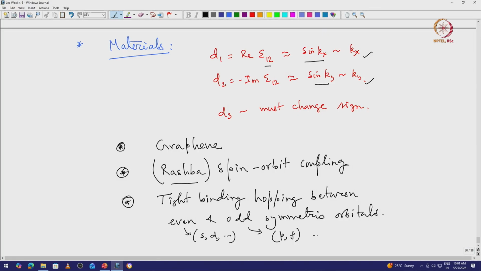Okay. We will discuss this one in great detail. For this one we will lay out some tight binding model with even and odd orbitals, and especially I will take s and p to show that they give this sort of term in the off-diagonal part of the Hamiltonian, so that they will vanish at the high symmetry k points. And then the remaining part will be to engineer a D3 that will change sign in these materials to garner topological insulators.